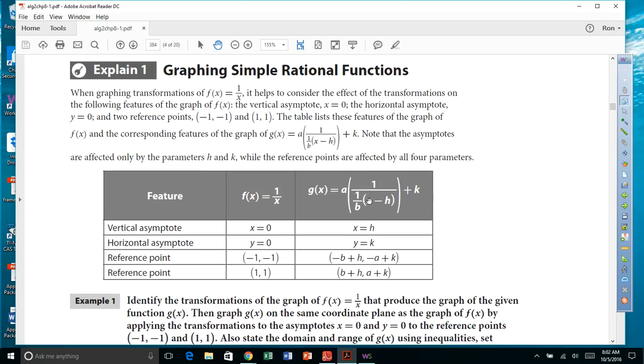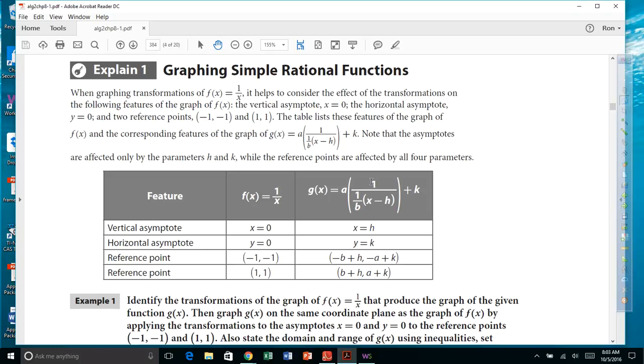Graphing simple rational functions. When graphing transformations of f of x equals 1 over x, it helps to consider the effect of the transformations on the following features of the graph of f of x. The vertical asymptote x equals 0, the horizontal asymptote y equals 0, and two reference points, negative 1, negative 1, and 1, 1.